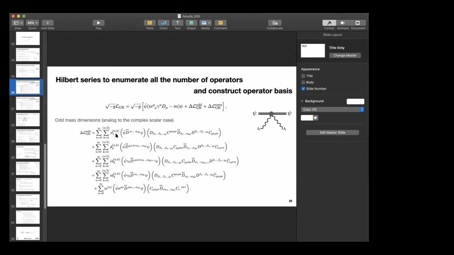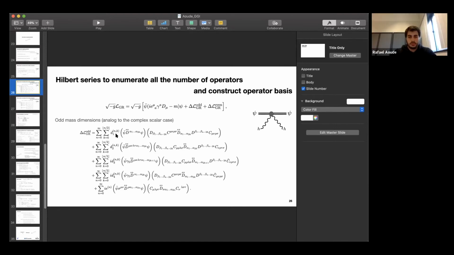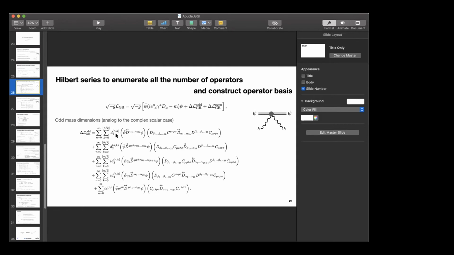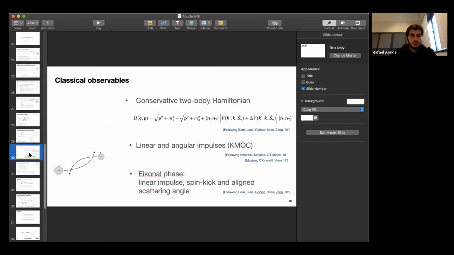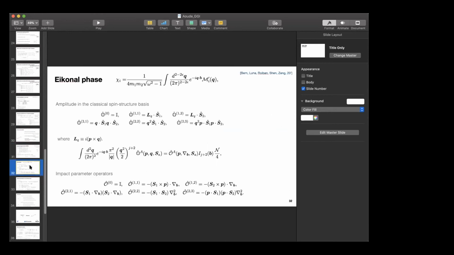I'm trying to relate what you described to what I have been doing for many years about string scattering and tidal effects, for string collisions, because there, for instance, we find that the eikonal phase is not purely real, simply because, through these tidal effects, the string gets excited.